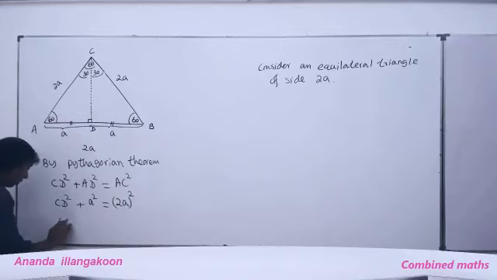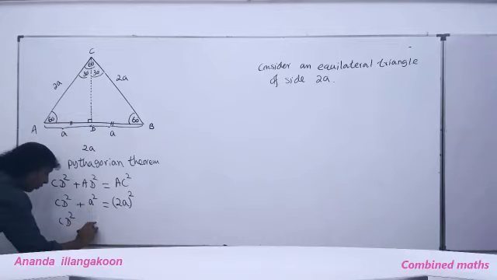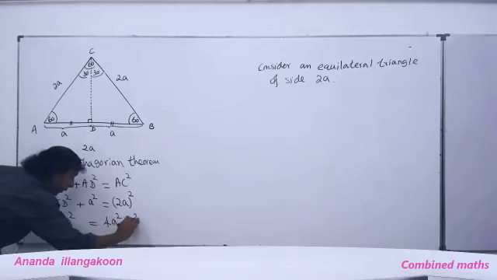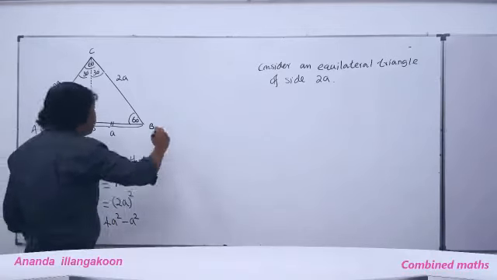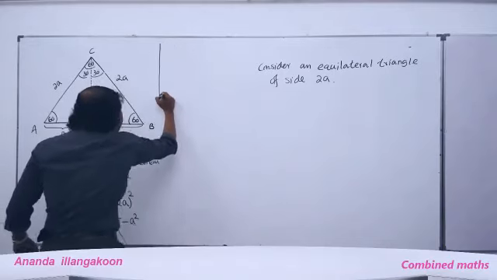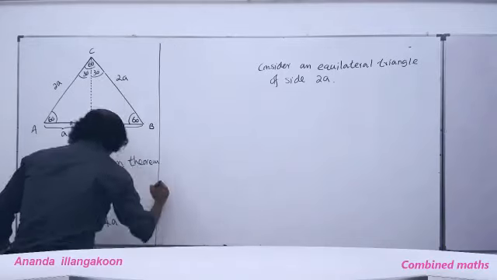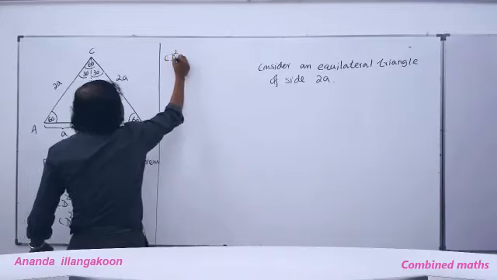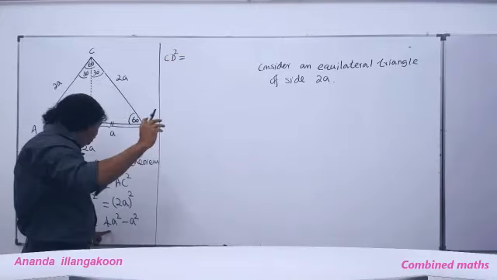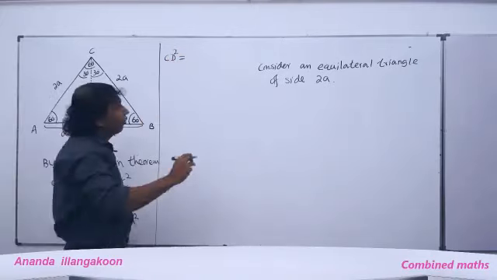Now we can subject CD squared. Bring this A squared to right hand side. 2A perfect squared going to be, people, 4A squared minus A squared. Right. Now CD perfect squared going to be 4A squared minus A squared is equal to 3A squared.